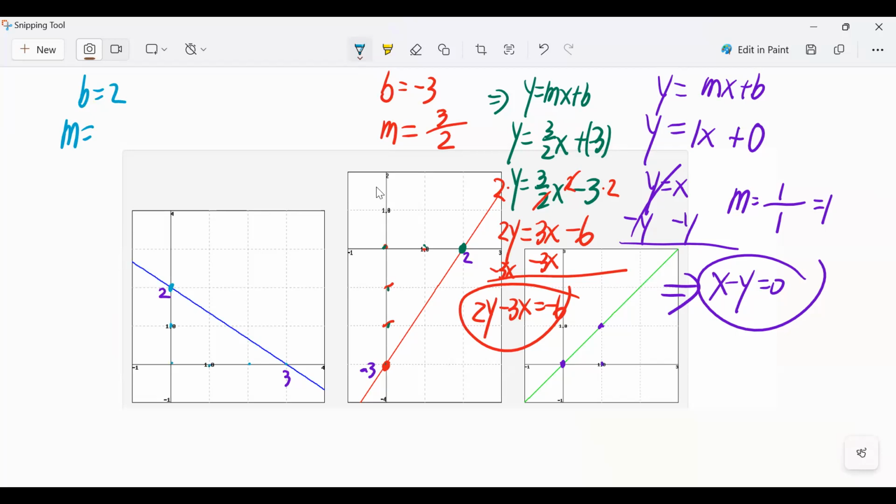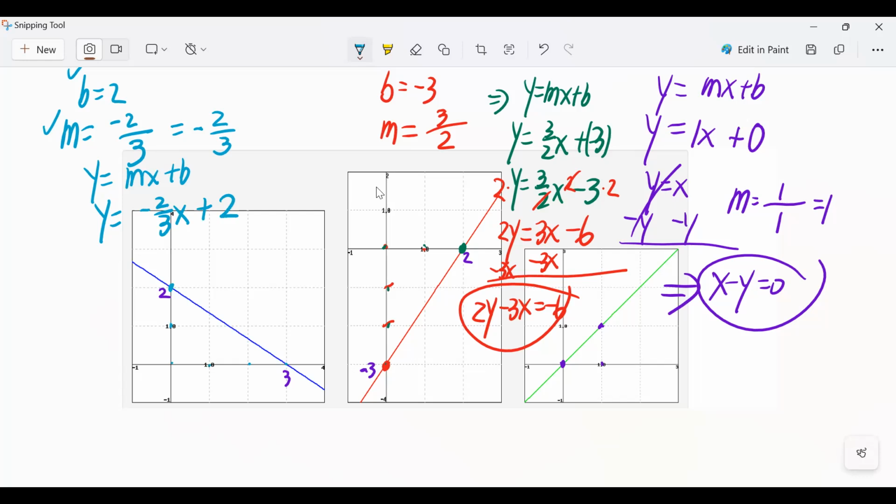Go down 2 units, that's -2. Go to the right 3 units, divide by +3. So the slope is -2/3. Now we get y equals mx plus b, slope, y-intercept. In slope-intercept form, y equals -2/3 x plus 2.